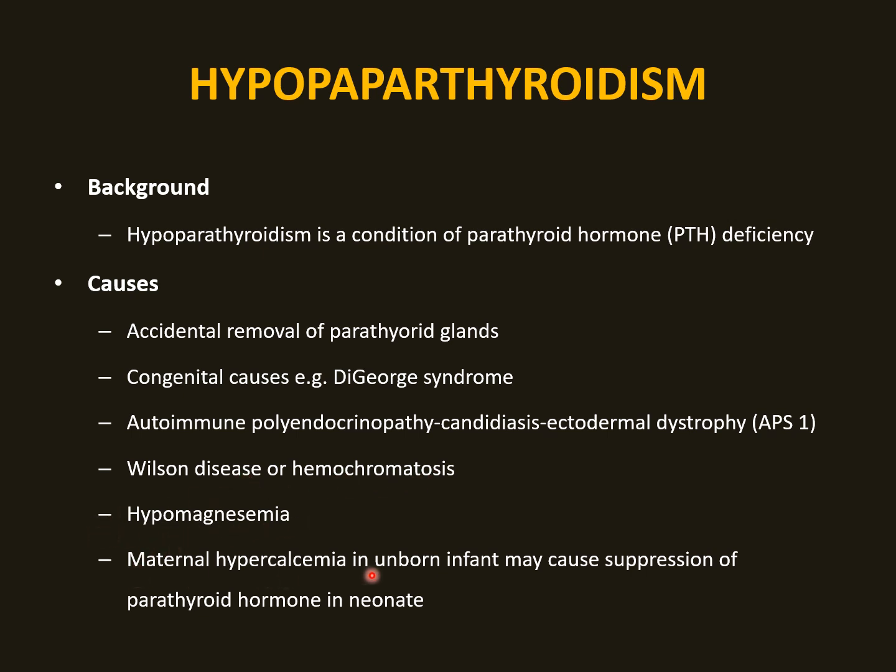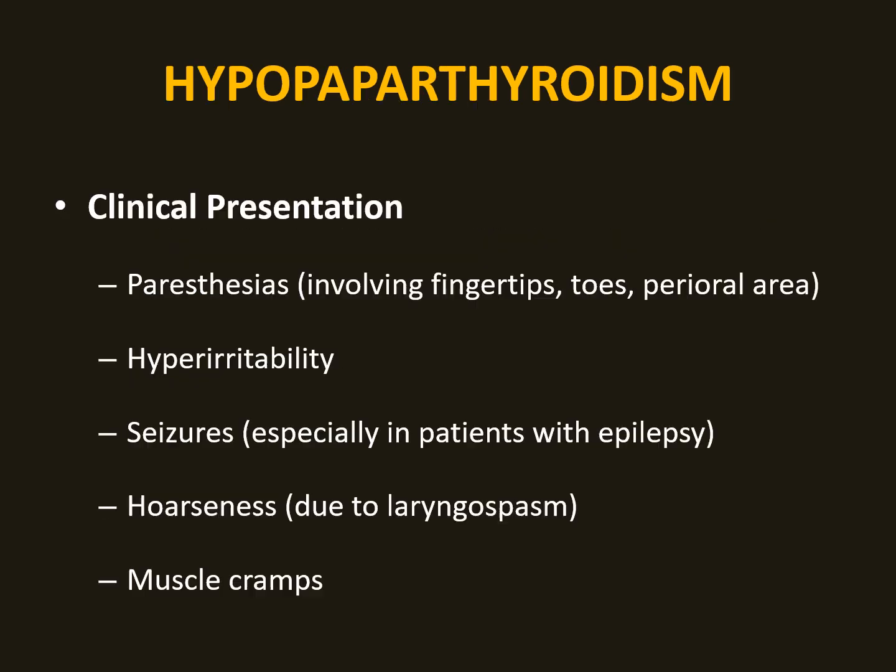Maternal hypercalcemia in unborn infants may cause suppression of parathyroid hormone in neonates. The clinical presentation of hypoparathyroidism is similar to hypocalcemia plus the manifestations of the underlying condition: paresthesia involving the fingertips, toes, and perioral area, hyperirritability, seizures, hoarseness, and muscle cramps.